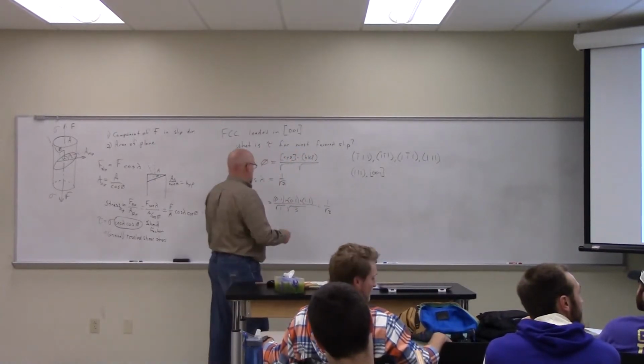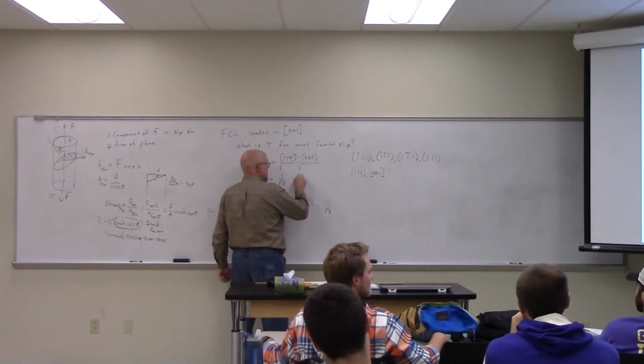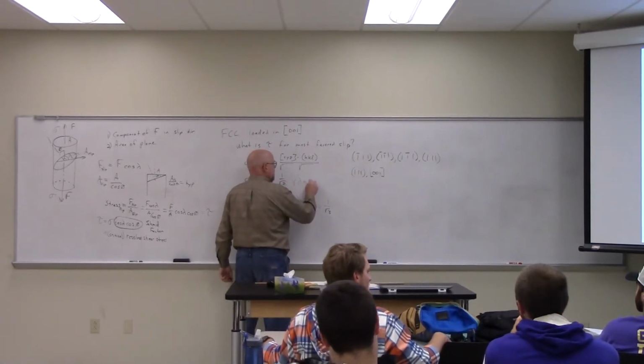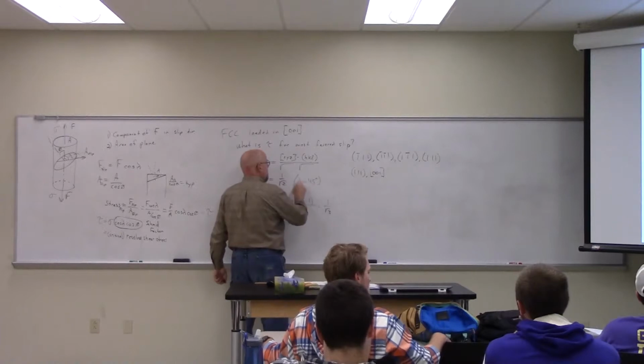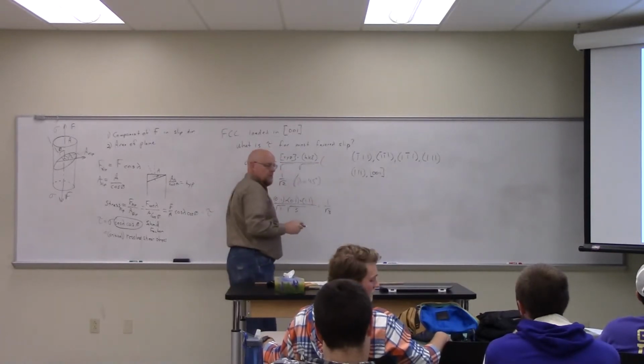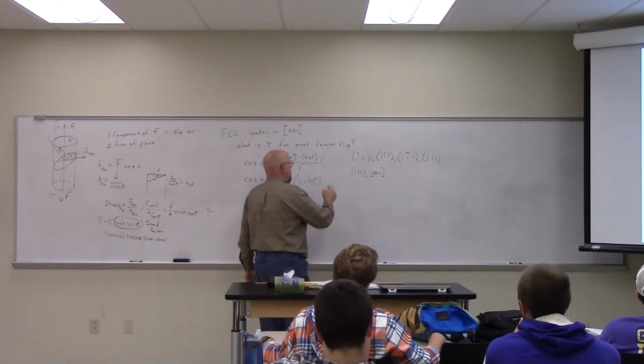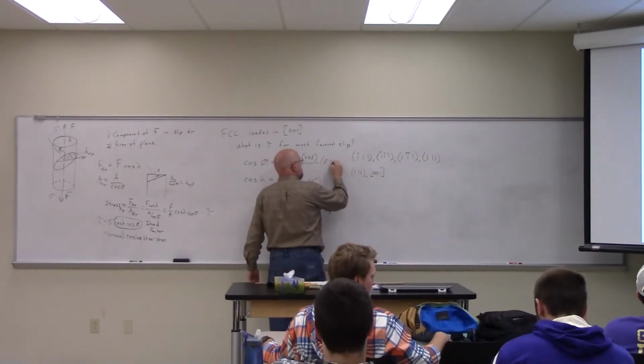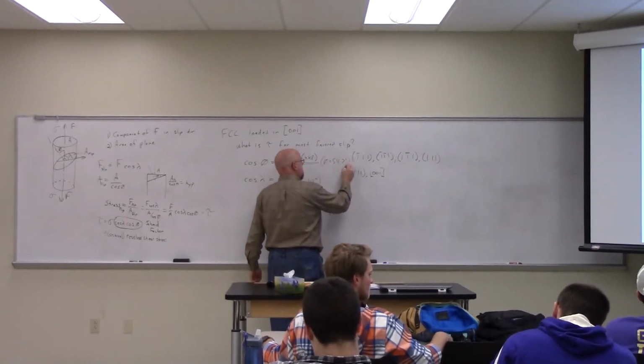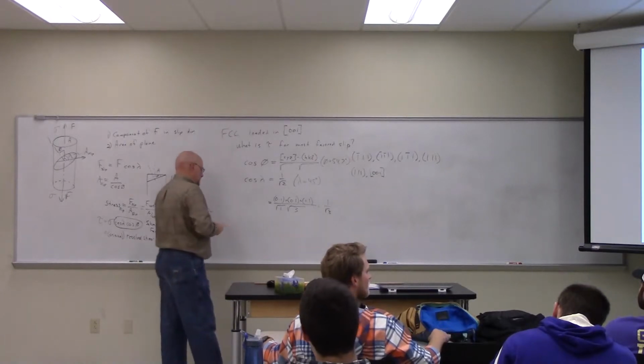So in this case, lambda is equal to 45 degrees, as we were talking about, and phi, or null set, is equal to 54.7. Those are the two angles.